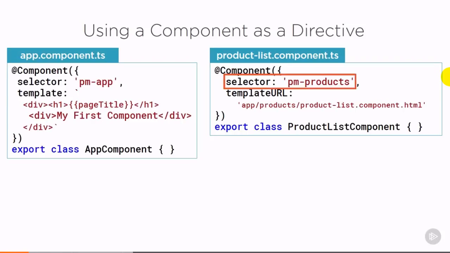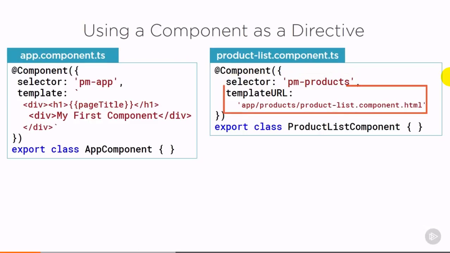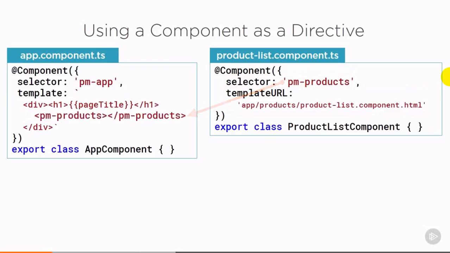When a component has a selector defined, as we have here, we can use the component as a directive. This means that we can insert this component's template into any other component's template by using the selector as an HTML tag, like this. The product list component's template is then inserted into this location in the app component's template.